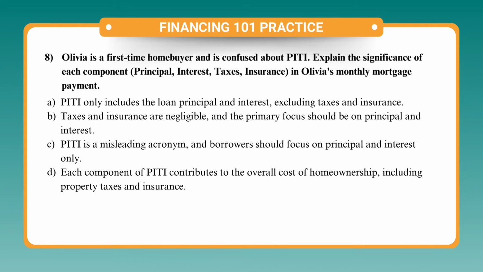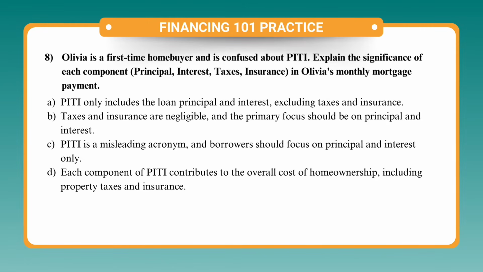Number 8. Olivia is a first-time home buyer and is confused about PITI. Explain the significance of each component: principal, interest, taxes, insurance, in Olivia's monthly mortgage payment. Is it A, PITI only includes the loan principal and interest, excluding taxes and insurance?